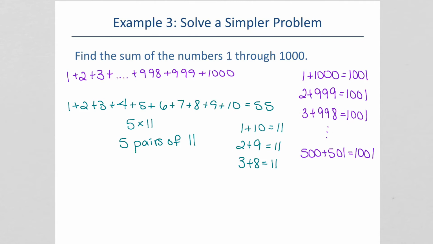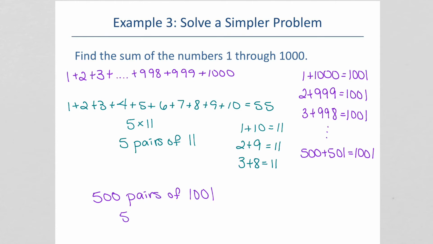Well, you could say, well, this isn't helping us a whole lot. All it's done is cut our work in half. We still have to add up all of those in the middle. Well, no, we don't, because we know that there's going to be 500 of these. 1, 2, 3, 4, 5, 6, all the way up to 500, right? So there's going to be 500 pairs of 1001.